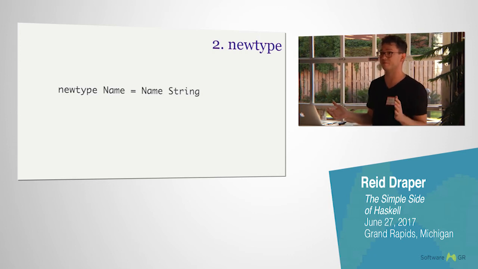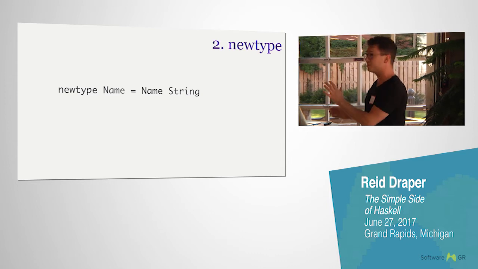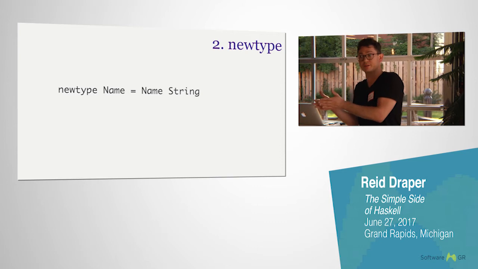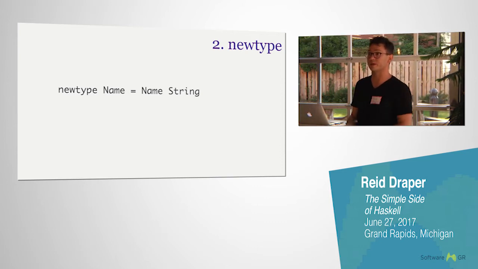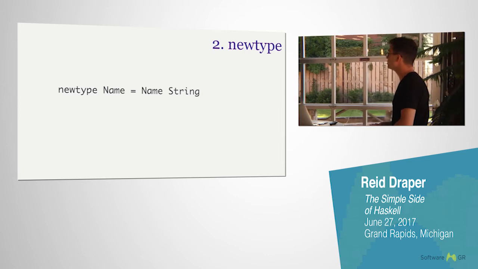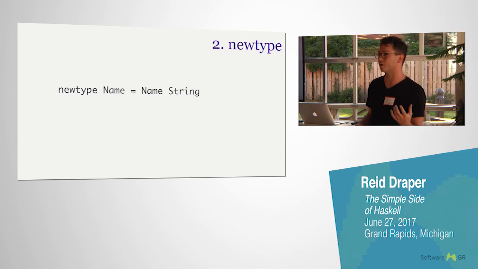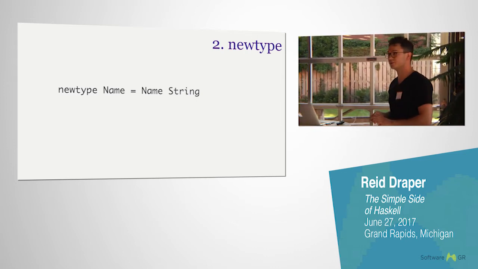It's the exact same performance as if we used a string, because all of this safety and benefit that we get from it happens before you run the program, at compile time. Once that's done, we can just pretend it's actually a string. So we get all the same performance of using the same underlying data structure that we might have reached for in another language. Is this making sense? Cool.